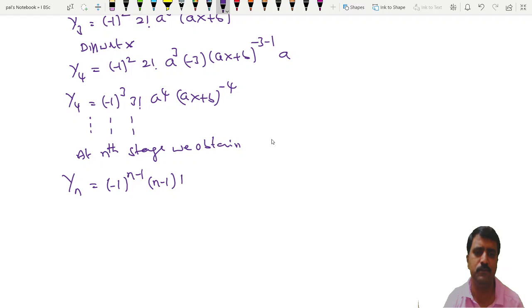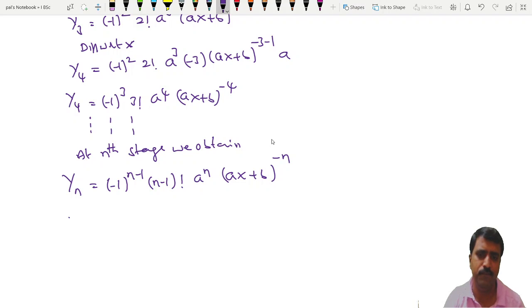So n minus 1 factorial into, if it is y4, a has the power 4, if it is yn, a must have the power n. This into ax plus b to the power minus n, because in y4 it was ax plus b to the power minus 4, in yn it should be ax plus b to the power minus n.